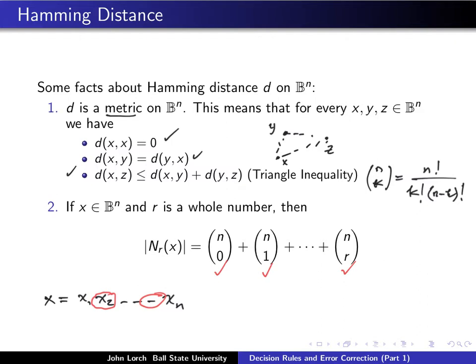So now you should go back and think about this example on the previous slide. Remember, I asked you to find the size of N2 of, I think it was, 10110.